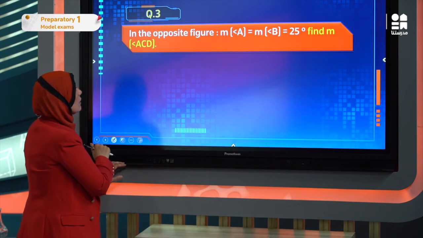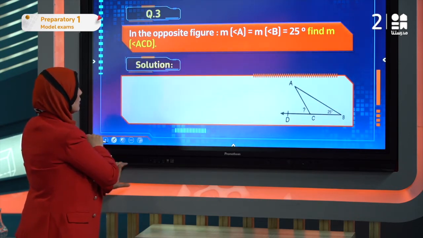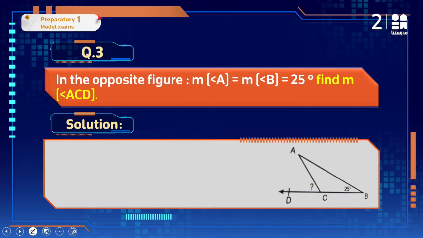Question 3. In the opposite figure, the measurement of angle A equals the measurement of angle B. A is given, which is 25, and B is equal to it. So it is 25 too. Find the measurement of angle ACD.